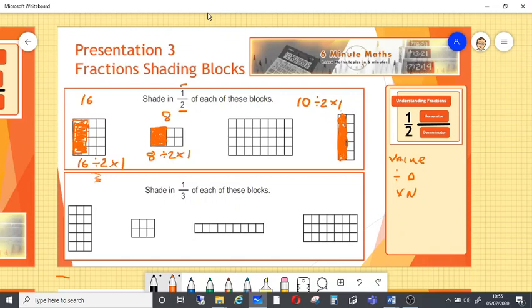Same thing applies with the next one down, the thirds. This one here has 6. The denominator's 3, the numerator's 1. So 6 divided by 3 times by 1 is 2. So a third of 6 is just 2 blocks.